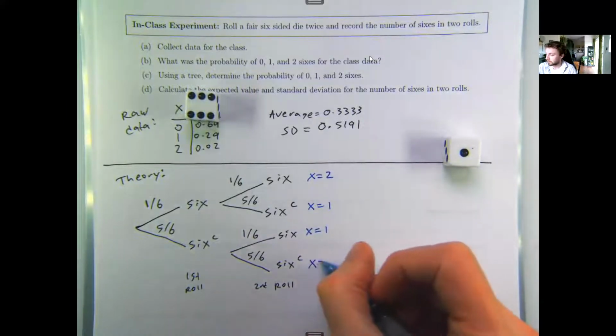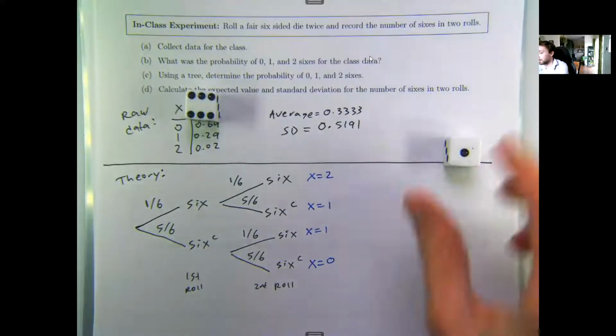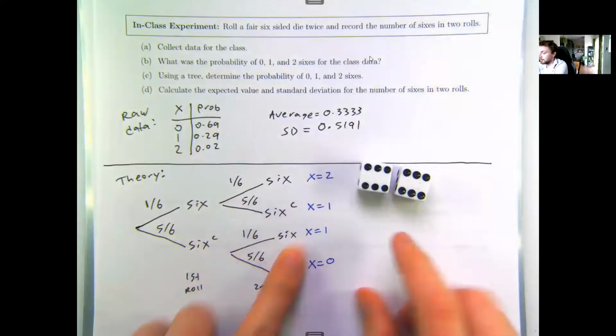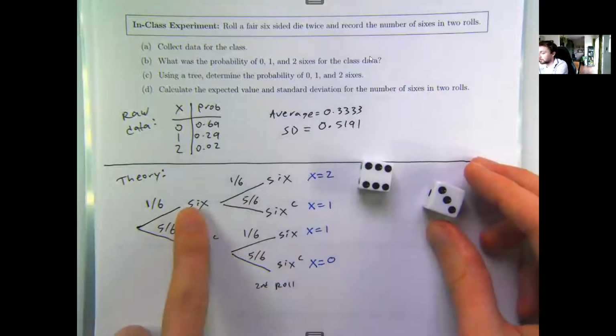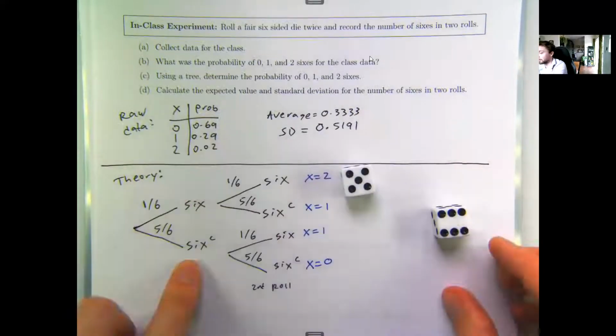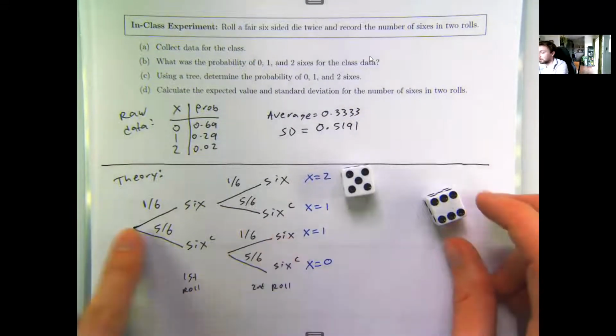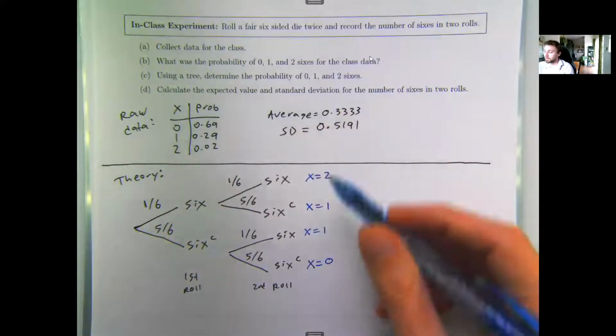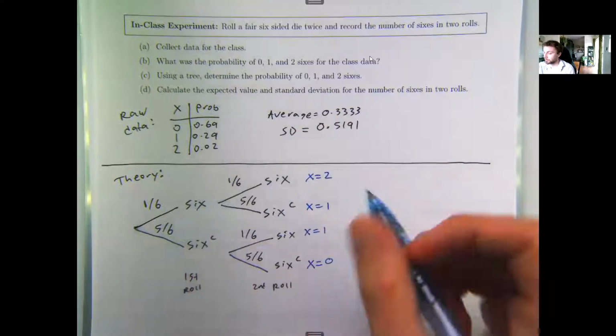That's 0 6s. So again, my possible outcomes here, I'm either getting 2 6s, I'm getting 6 on the first, not a 6 on the second, I'm getting no 6, but a 6, and I'm getting no 6 down at the bottom. To calculate the probabilities of these events, you multiply in the tree.